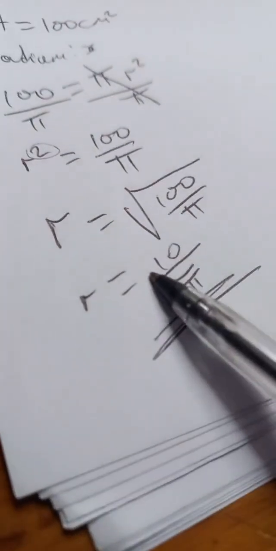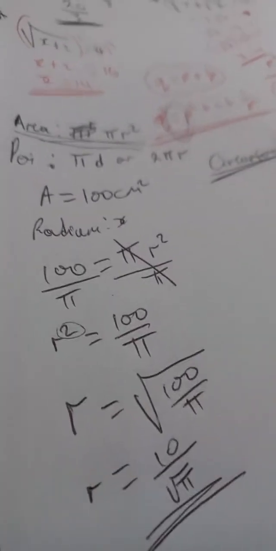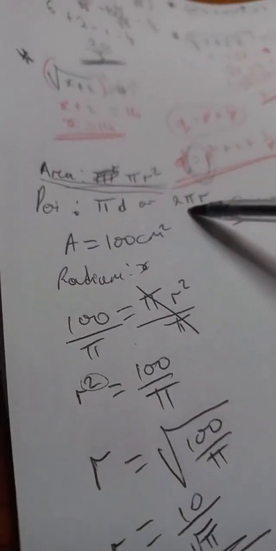Remember here we have the radius now. So this is what we are going to use to calculate the circumference. We use this radius to calculate the circumference using 2 pi r, right?